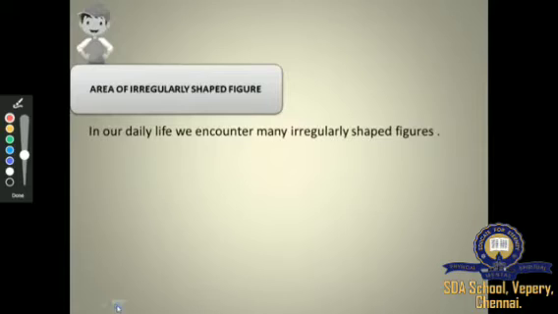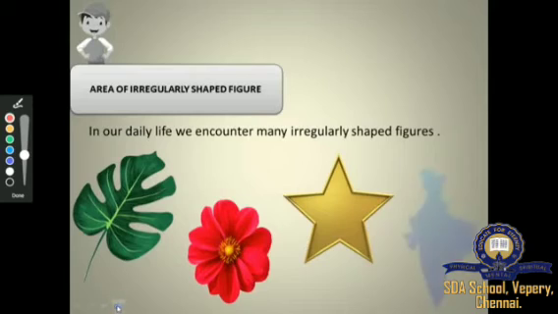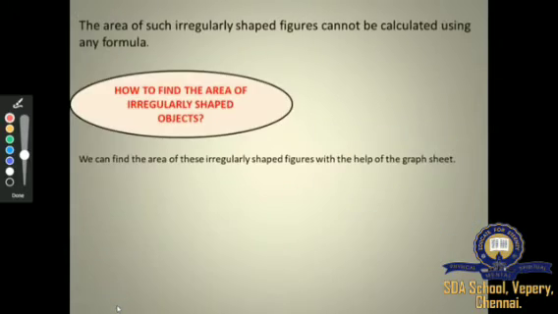Area of irregularly shaped figure. So we know how to find the area of regularly shaped figures. We have formulas to find them. Now we will see how to find the area of irregularly shaped figures. In our daily life, we encounter many irregularly shaped figures such as leaf, flower, star, maps, etc. The area of such irregularly shaped figures cannot be calculated using any formula.